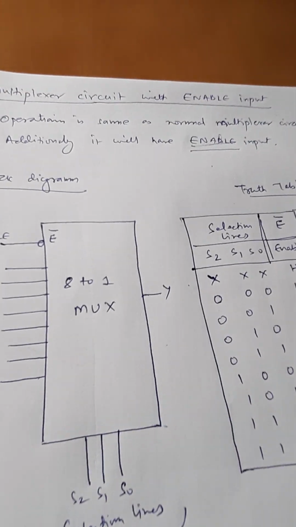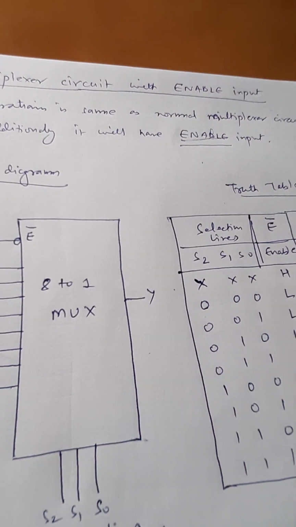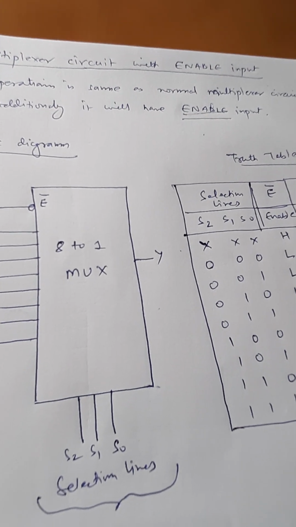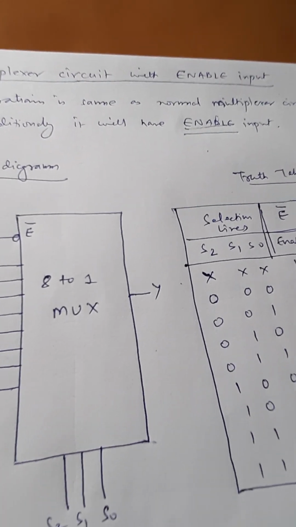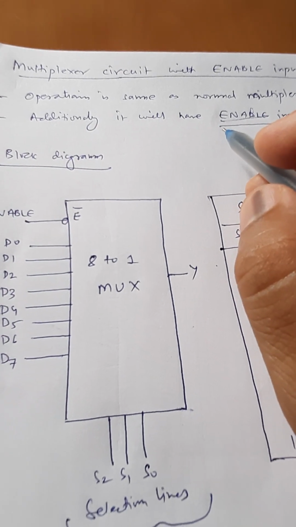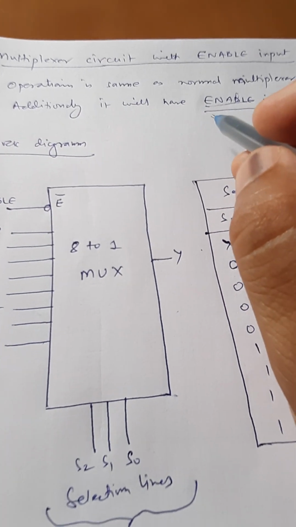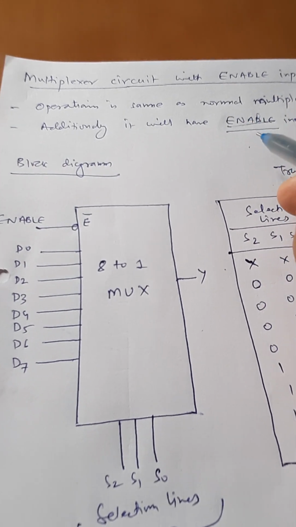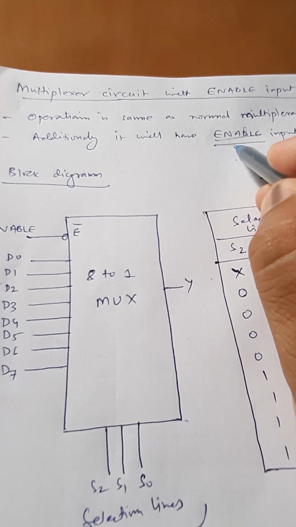Now today I'm sharing a video all about the multiplexer circuit with enable input. Here a multiplexer circuit will have one extra input in addition to what we have discussed earlier, and that input is the enable input.